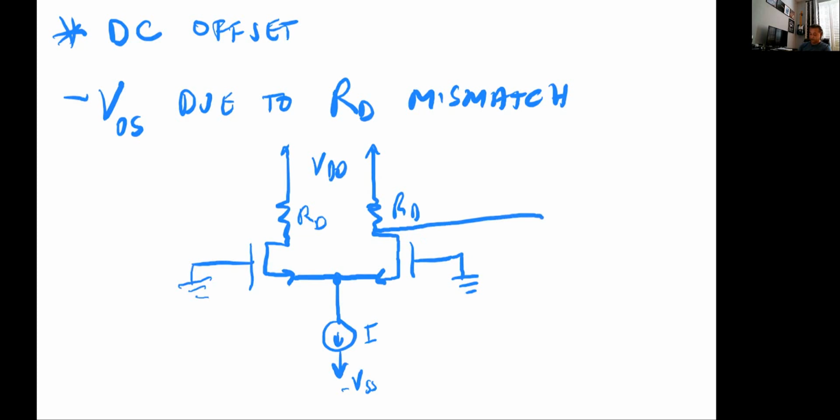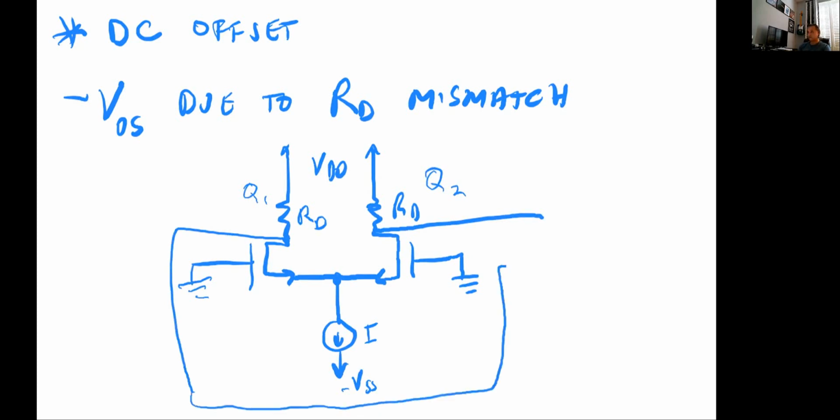This is Q2, Q1, and you have another output here, and you take the output from there. If the RDs are matched and everything is matched, with this situation where you have the differential input obviously 0, your differential output should be 0.